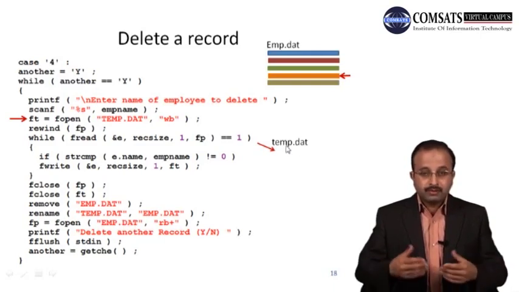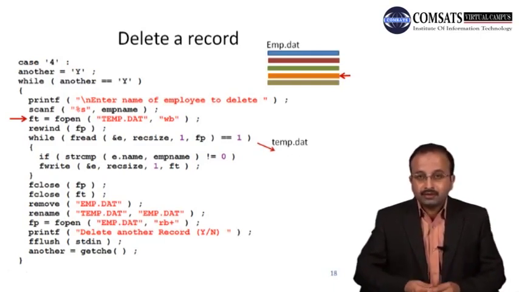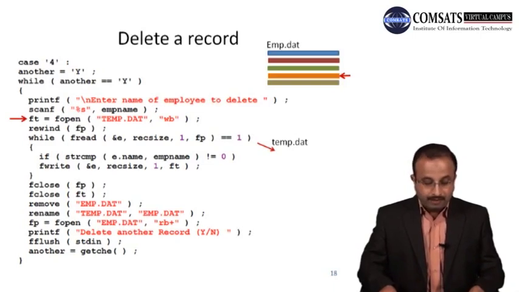It is necessary for both to be different, because one pointer points to m.dat and the other pointer points to temp.dat. Then you rewind the file pointer of m.dat and it points to the beginning of the file.